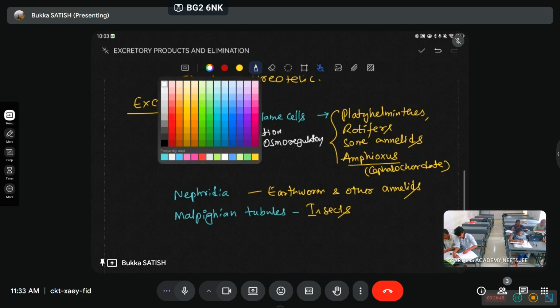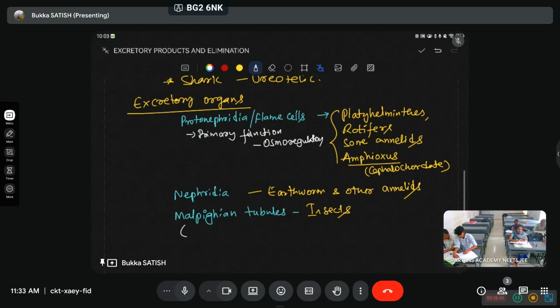Right, and these Malpighian tubules perform osmoregulation and excretion. Both functions will be performed by Malpighian tubules.